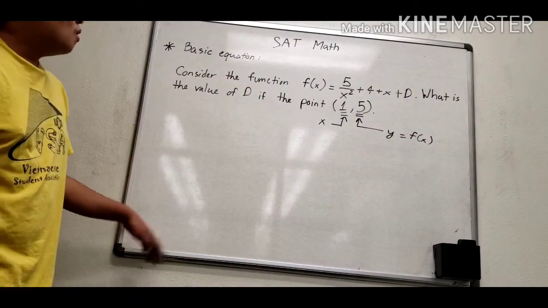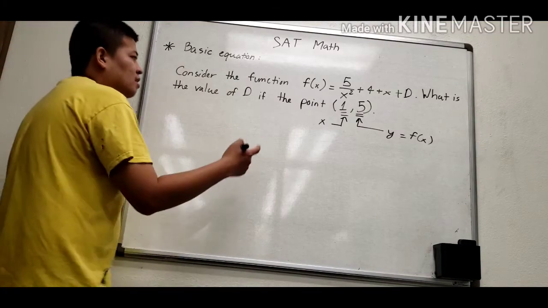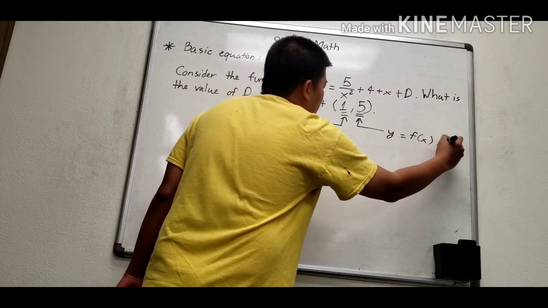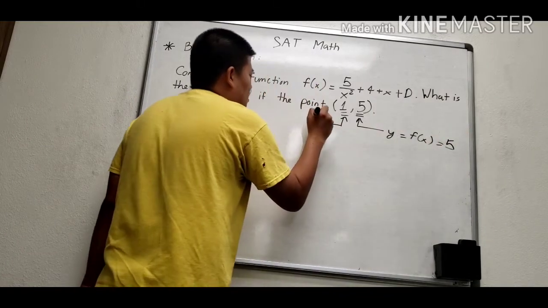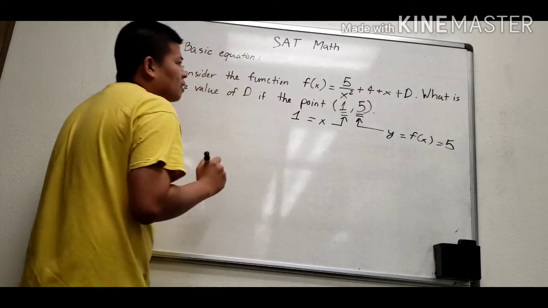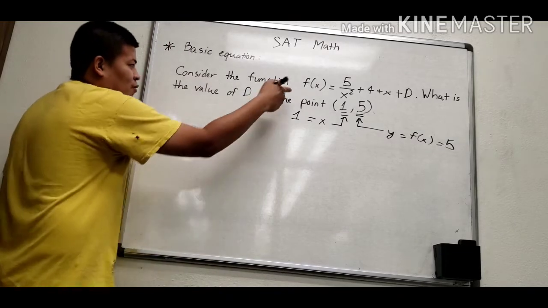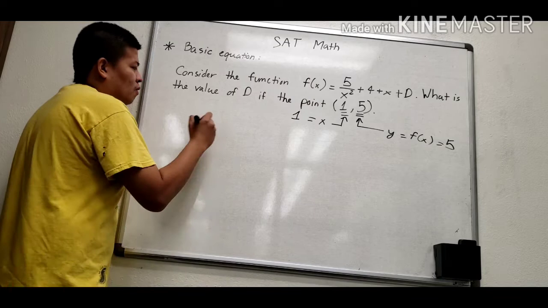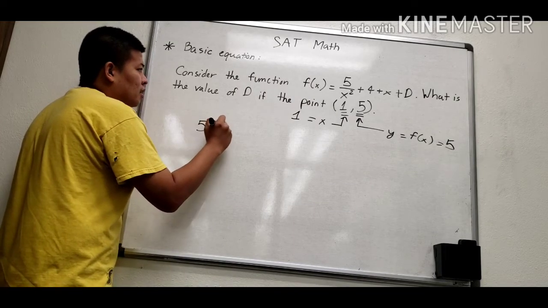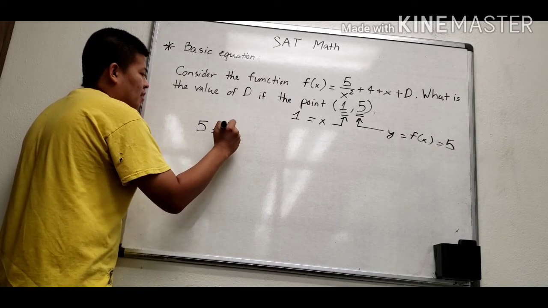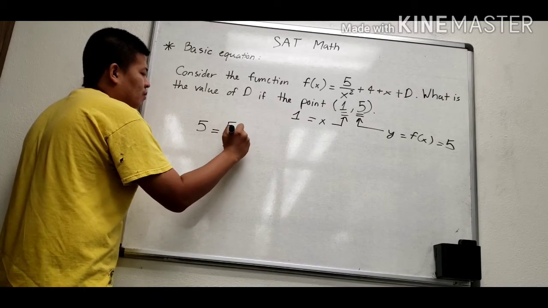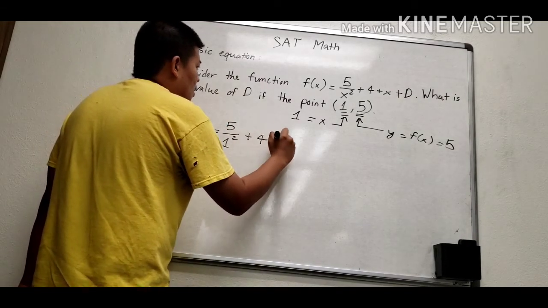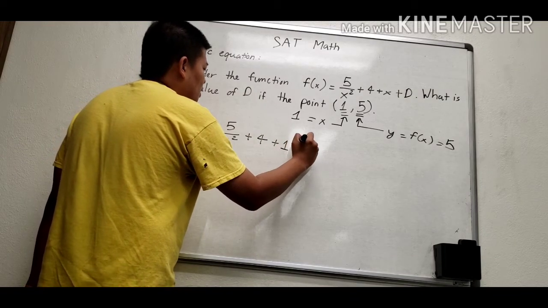So in here we have s and we have f(x). f(x) will become 5, s will become 1. So we transform all numbers in this equation, and we have 5 equal to 5 over 1 power 2 plus 4 plus 1 plus d.